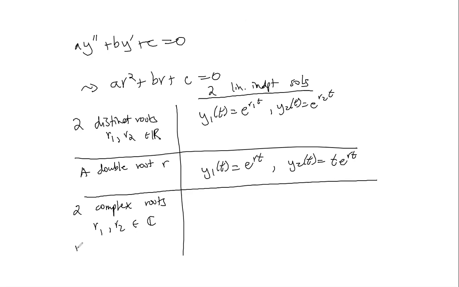Let's say R1 equals alpha plus beta i, and R2 will have to be the complex conjugate because a, b, and c are real.